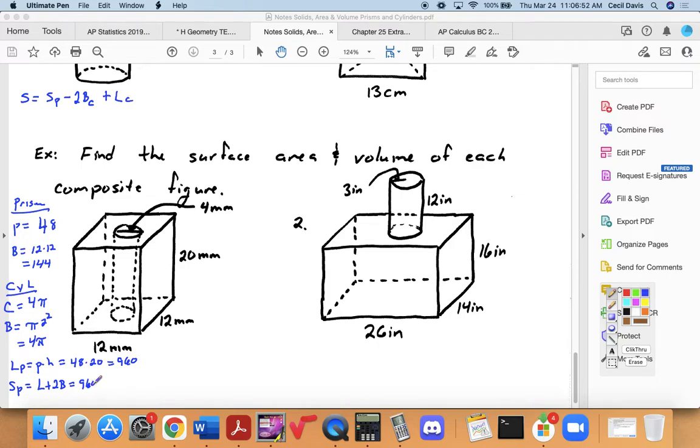So it'll be 960 plus 2 times 144. Let's see, that's 288, so 1,248, I think. Yes? Thank you. I was not at all confident of that.